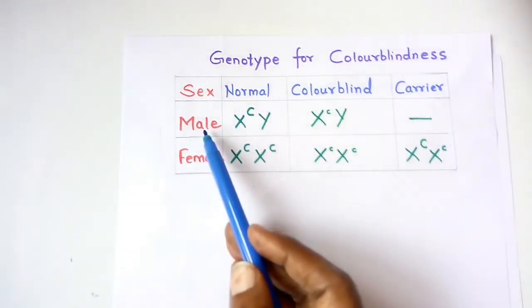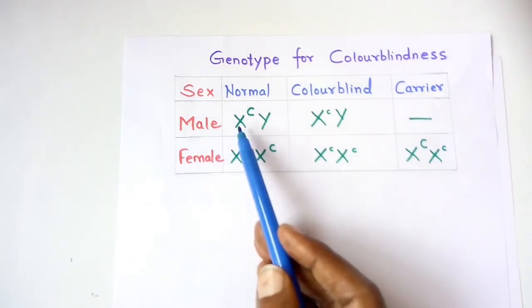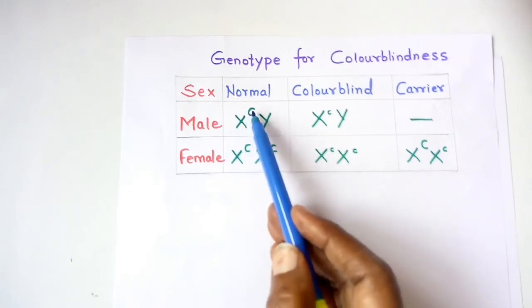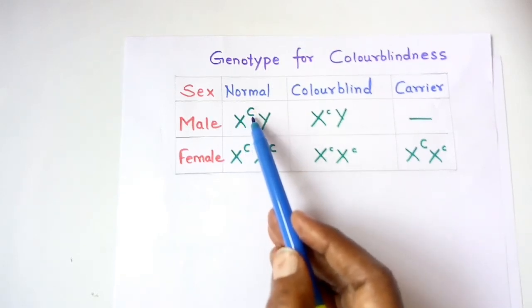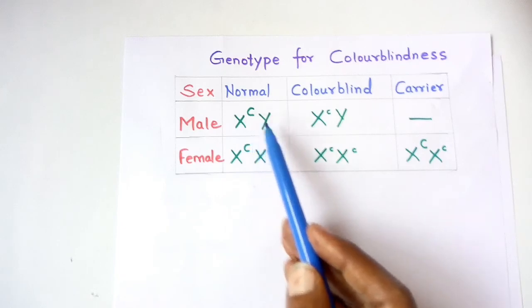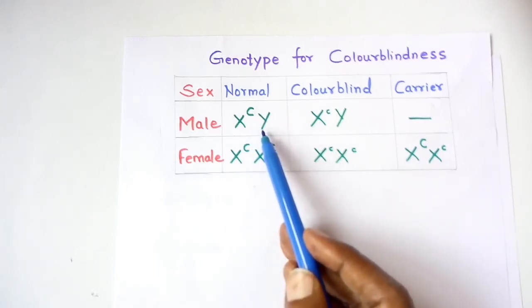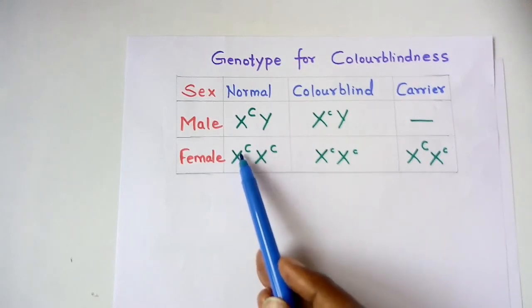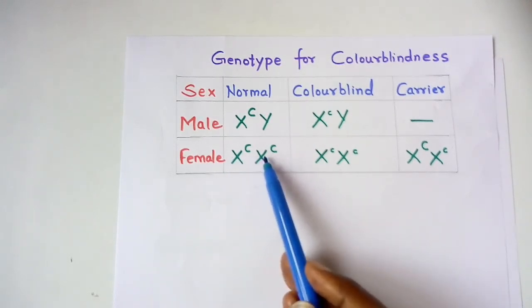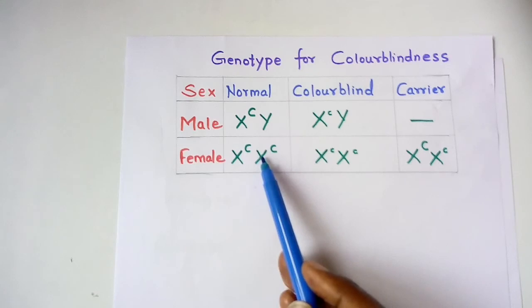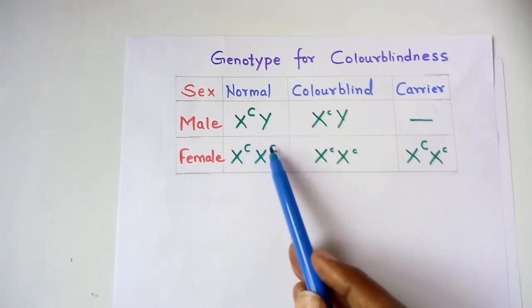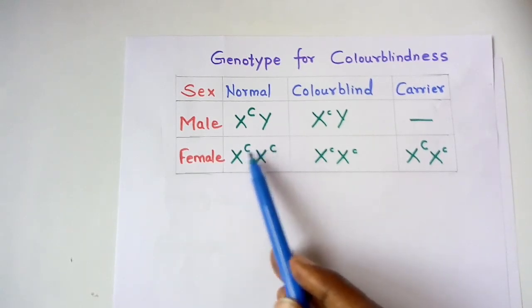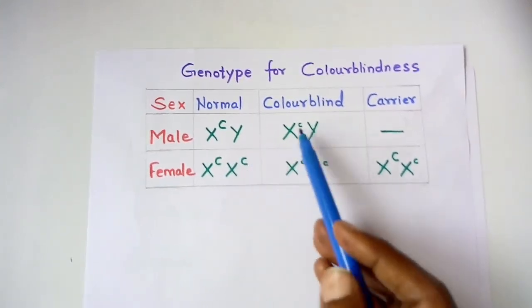So a normal male will have genotype X, on which the gene is present, represented as capital C, and a normal Y chromosome. In a normal female, both are X chromosomes, and on both the X chromosomes capital C is present, that is the gene for color vision.